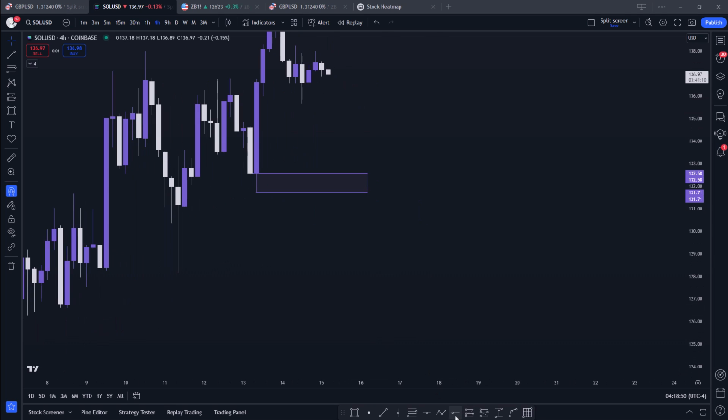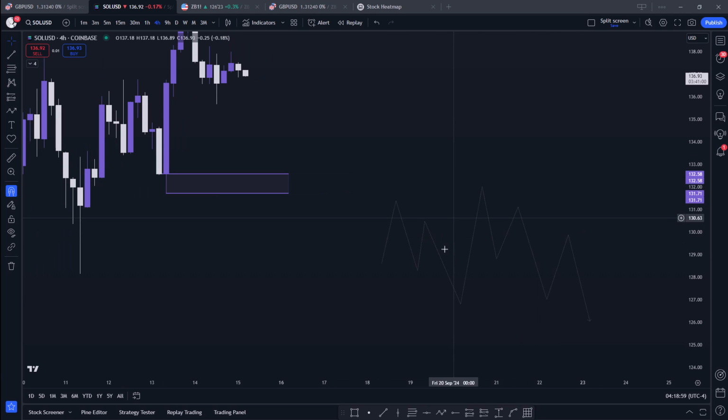I say that's the case because you might get price moving like this, right? Price moving in a very choppy manner like this. I say this is high probability because if you notice, price tends to gravitate towards extreme premiums or extreme discounts before looking for a continuation higher or lower.